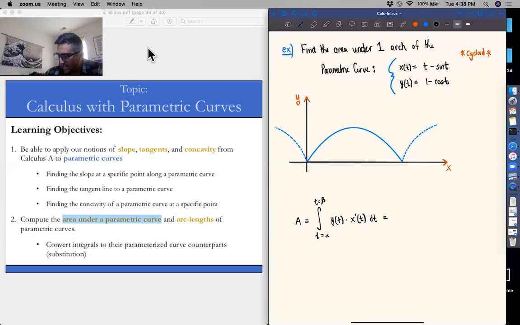Since we know what y is in our equation above, y of t is 1 minus cosine of t. And we know what x of t is, so we can take a derivative of x of t, and that will give us 1 minus cosine of t.